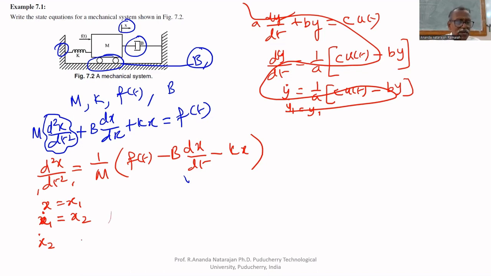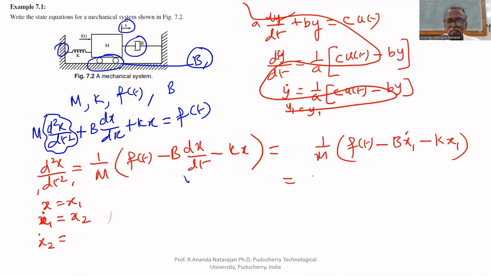Another differential equation I am writing, x2 dot equal to x3. Whether I have to write? No, because x2 dot we already know. We will replace this x by x1, kx1 minus, this dx by dt is x1 dot, b x1 dot, f of t multiplied by 1 by m.